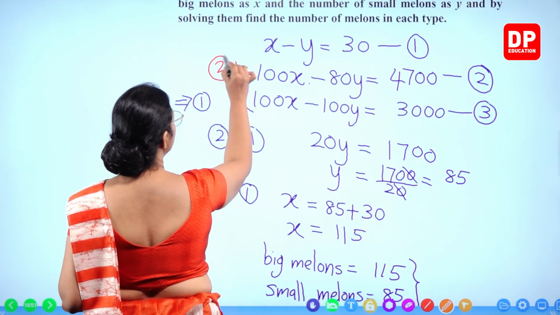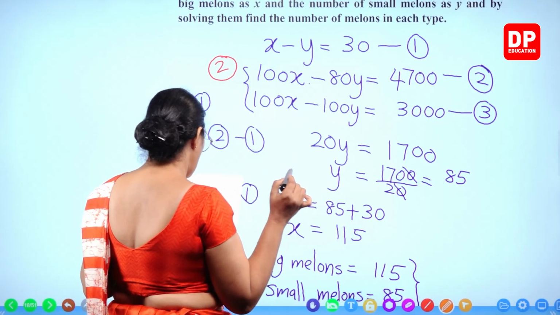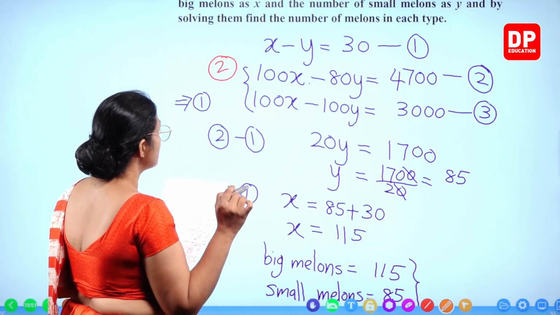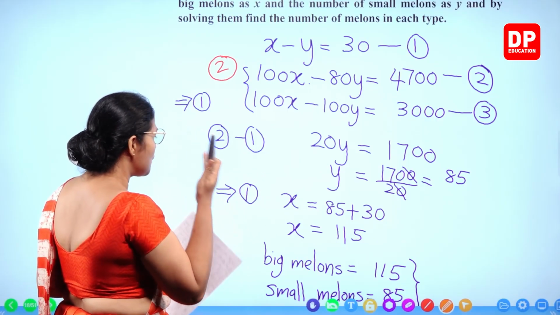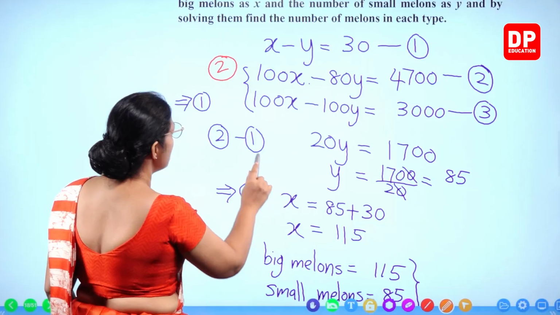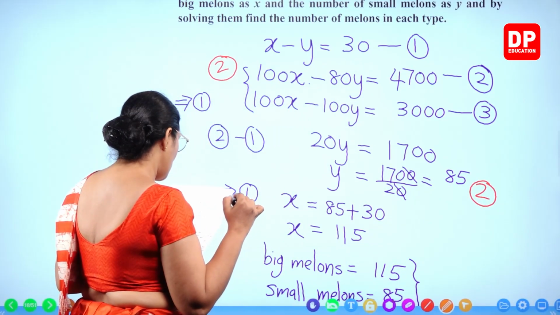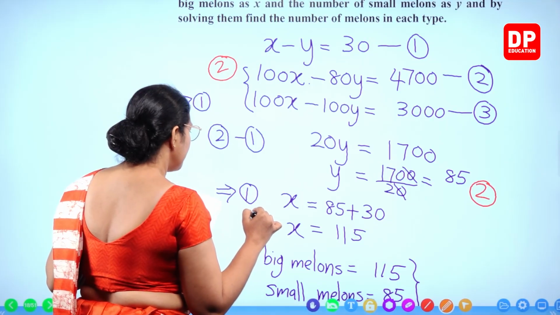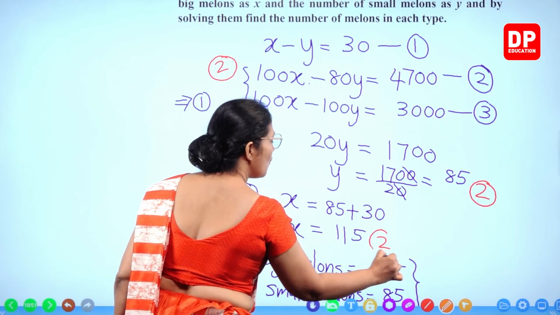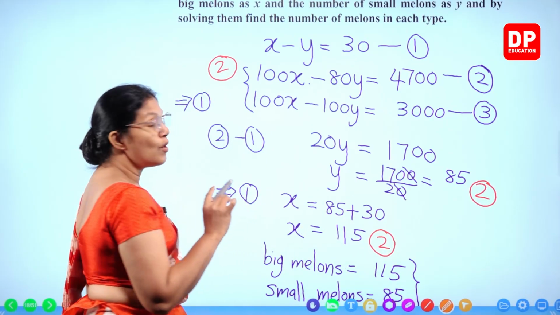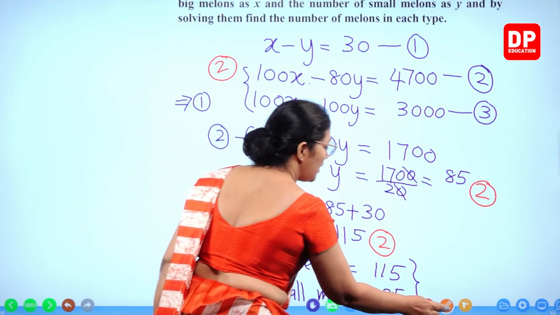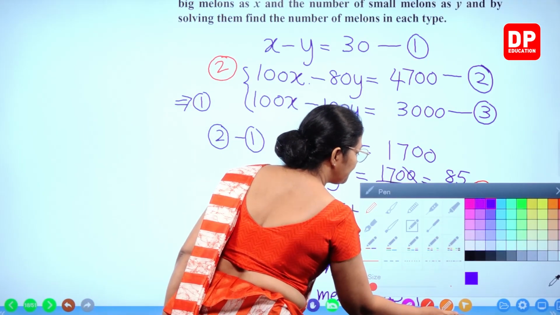And then for solving, you are getting 4 marks. So 2 marks for finding y and 2 marks for finding x. So altogether 6 marks for the whole part. Now let's do the second part.